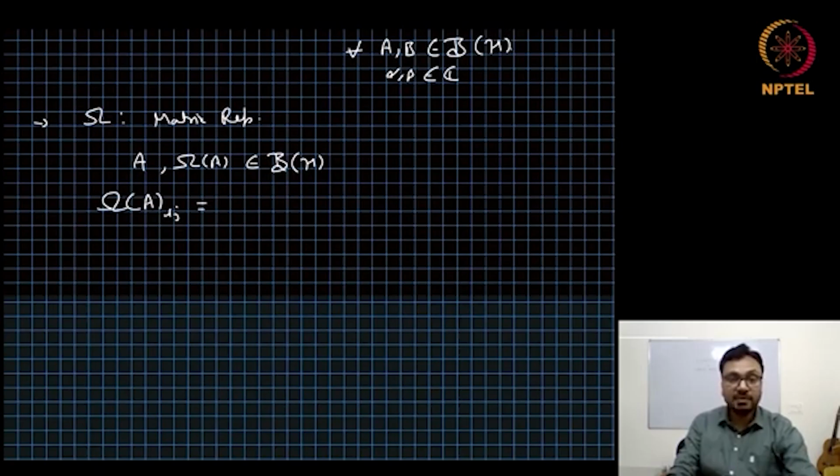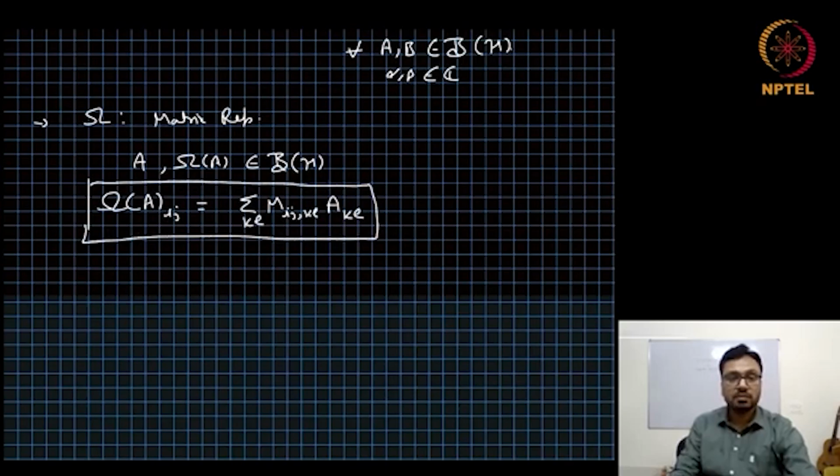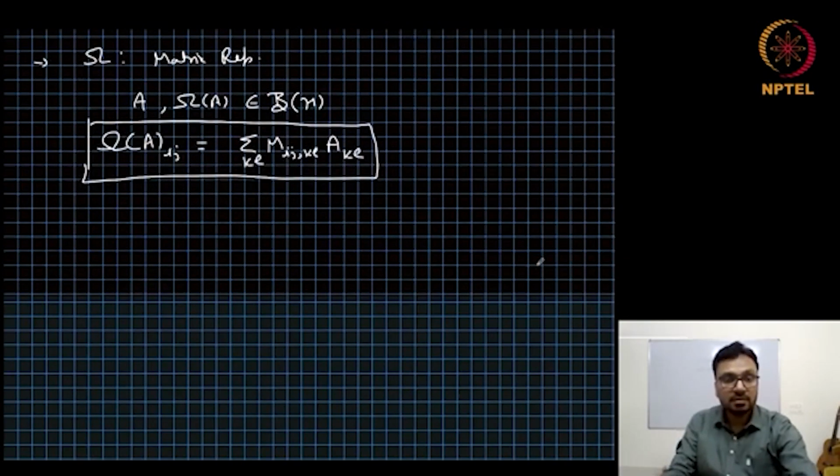This will depend on the elements of the original matrix A, that will be kl, and a matrix relating the elements of A with elements of omega A. So it will be M_ij,kl, sum over kl. So this is one way of representing the action of omega on a matrix A.